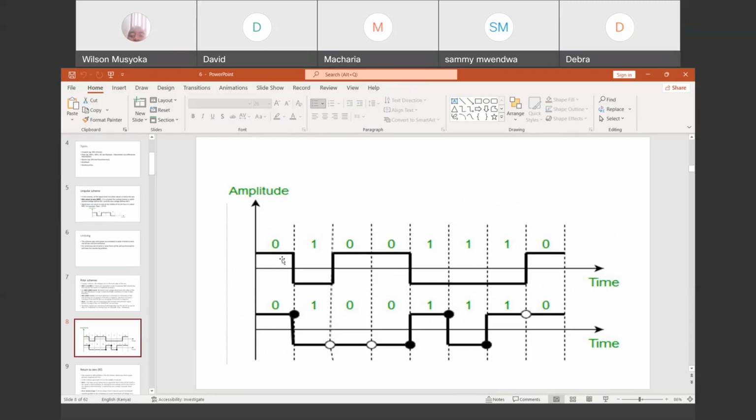This is the non-return to zero level, whereby if you say a zero, it is going to be at the top, having a positive voltage, then a one will take the opposite side, then a zero like that, a one on the other side.